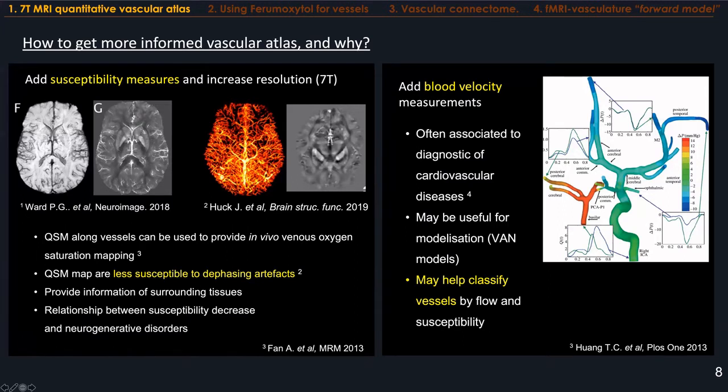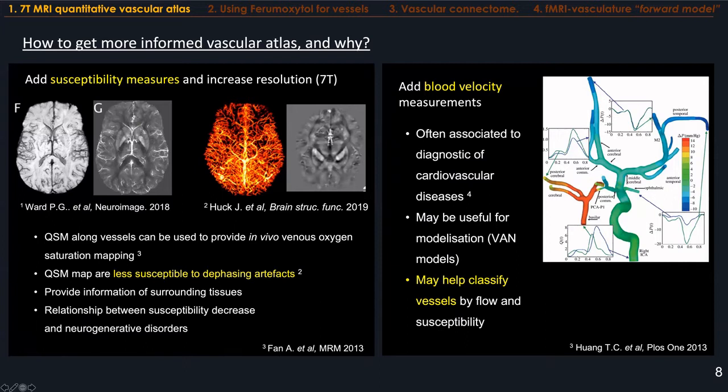To add some susceptibility measures, we rely on QSM. QSM can provide in vivo venous oxygen saturation mapping. So it can be useful for clinical settings or to detect some differences between a group of subjects and another group of subjects.